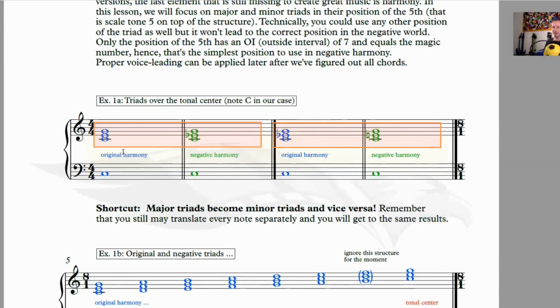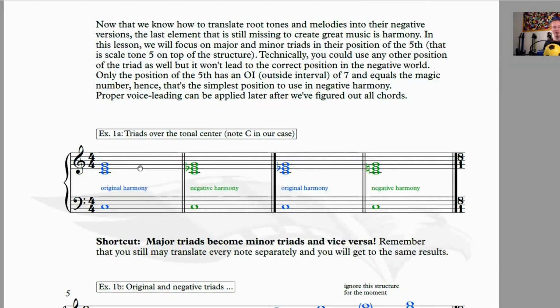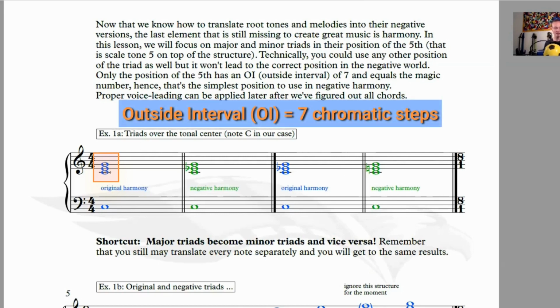One thing that I want to point out, there is no shift between the treble structure against the root tone. When we look at this triad, and if we look at what we call the OI, the outside interval, that is the bottom note and the top note, then we see that this OI creates a distance of 7. 7 is a very powerful number.